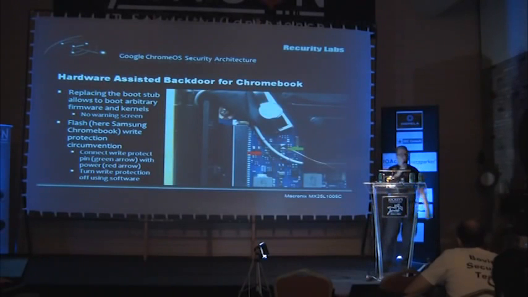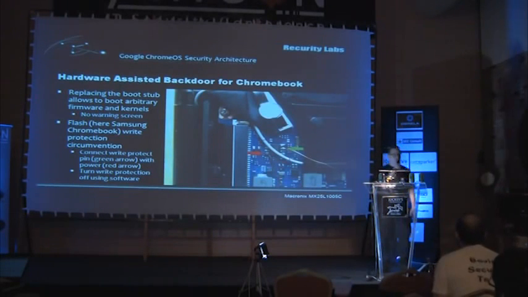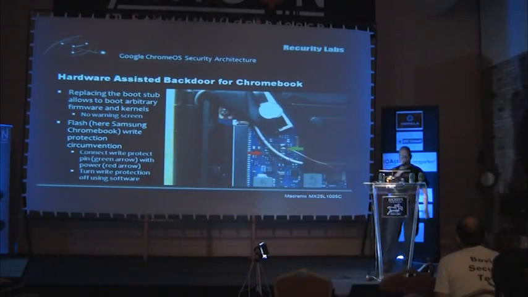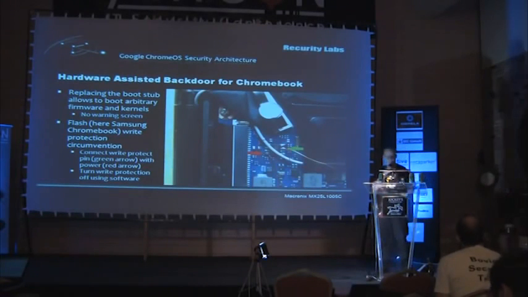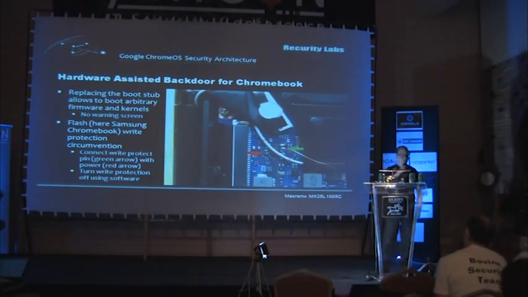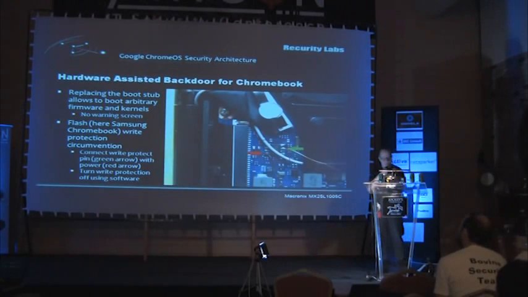Essentially, you can run software and say, please become read-write, and it will say yes. And then you update the firmware loader, and so we do have a Chromebook now that says Recurity Labs when you boot it. Which obviously means that you can then essentially do whatever you want, backdoor the kernel, whatever.